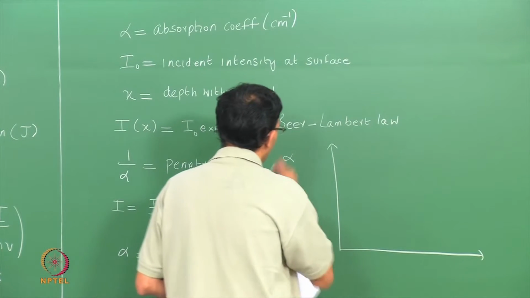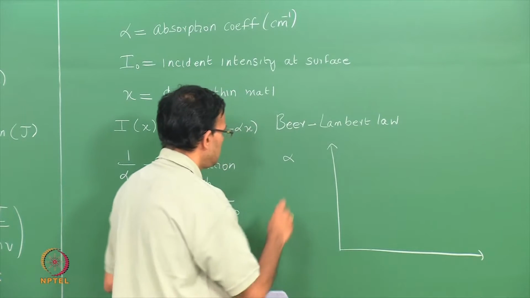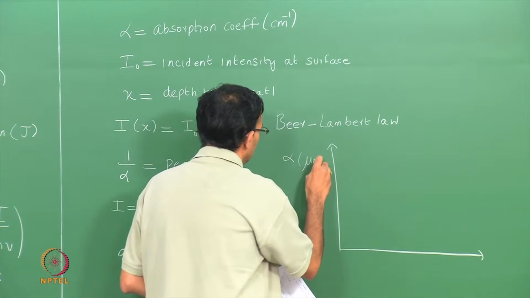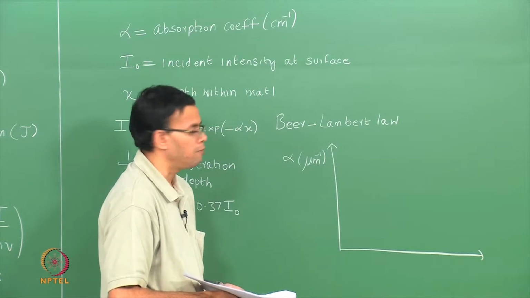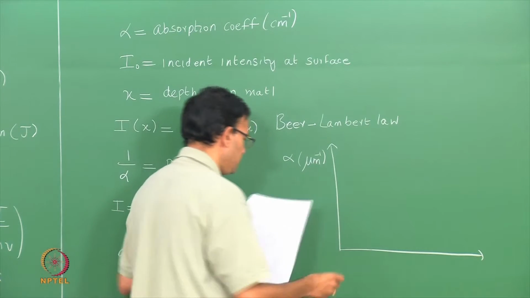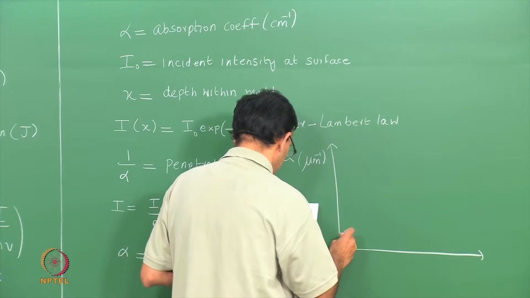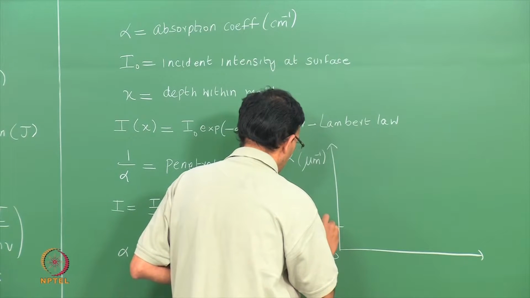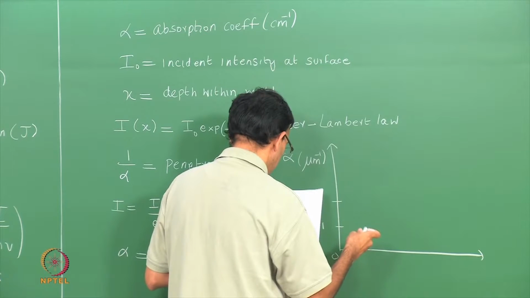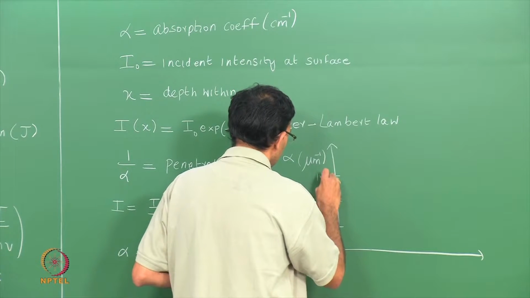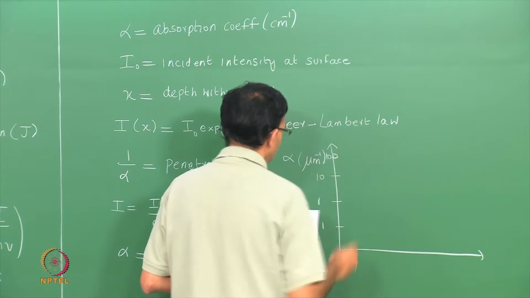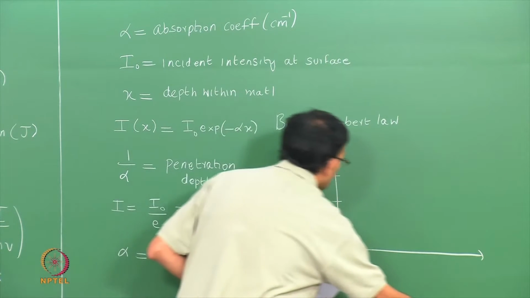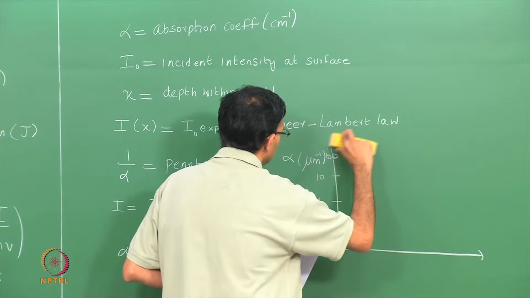So, in this case I have alpha on my y axis, which is in per micrometer, and I am going to use a log scale. So, I have 0.1, 1, 10, 100. Let me just expand the scale a bit.